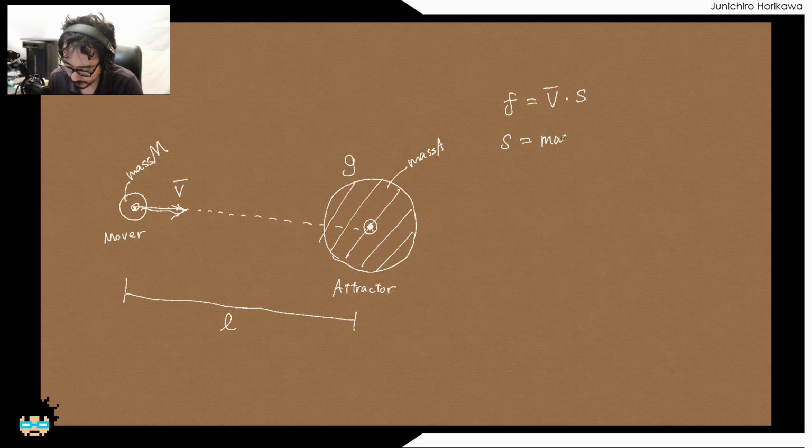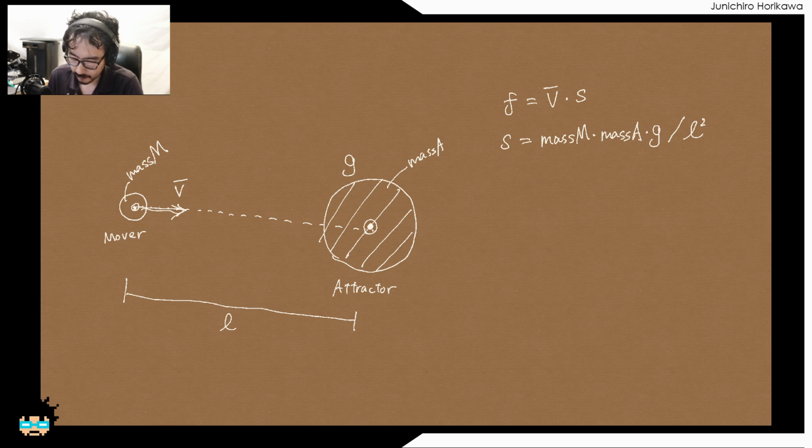First of all, we're going to multiply both masses, mass mover and mass attractor, and also multiply with the G value, which is the coefficient of the gravitational force, and then divide by L to the power of 2, where L is the distance between the mover object and the attractor object. So the more mass both objects have, the higher the strength of the force, and the higher the coefficient G value, the faster it is going to be as well.